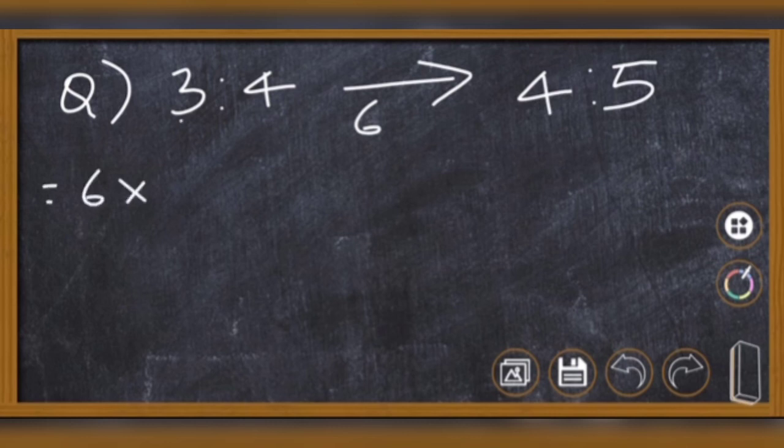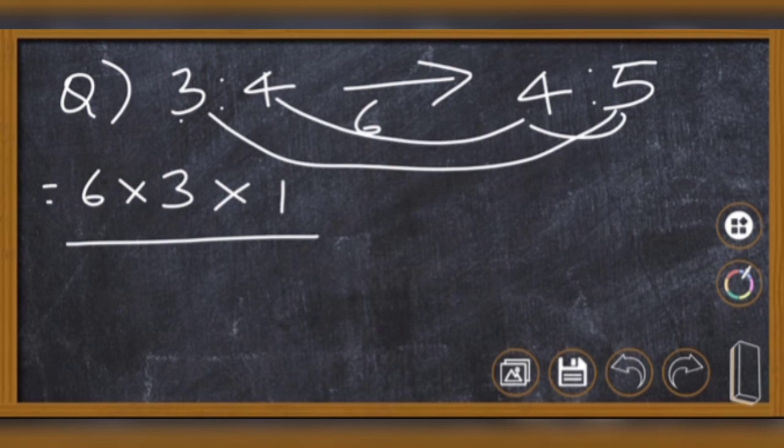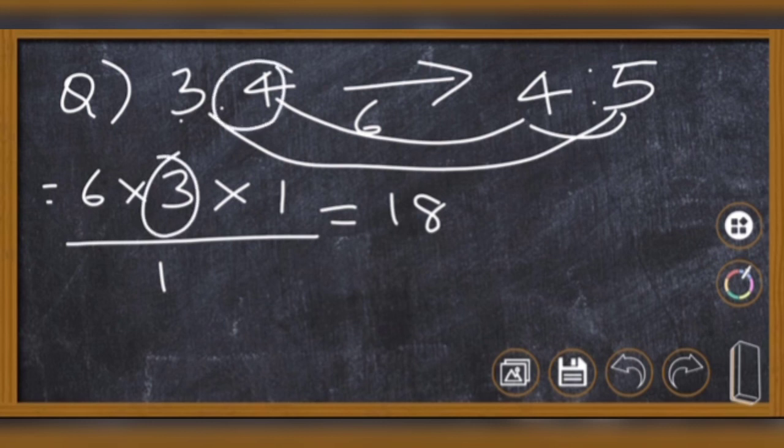We know that 6 is x, then x into the first term 3, then the difference between the final ratio, that is 4 minus 5, that is 1, and the cross product, that is 15 minus 16, that is 1. So 6 into 3 is 18. For finding the second term, we'll substitute the term 3 by 4, that is 6 into 4, that is 24. So we got the answer 18 and 24.